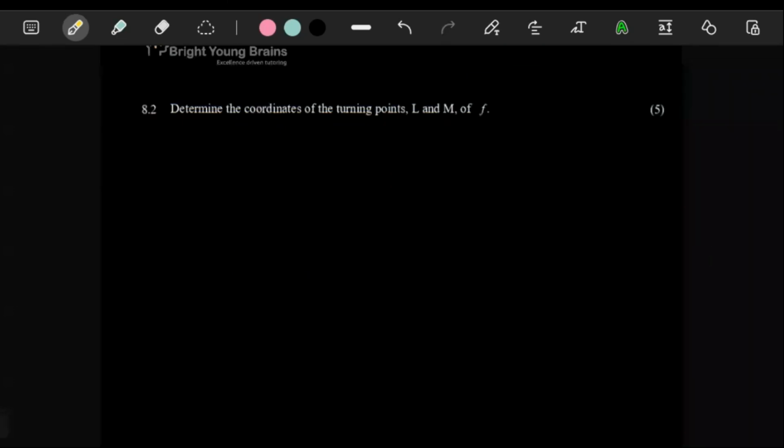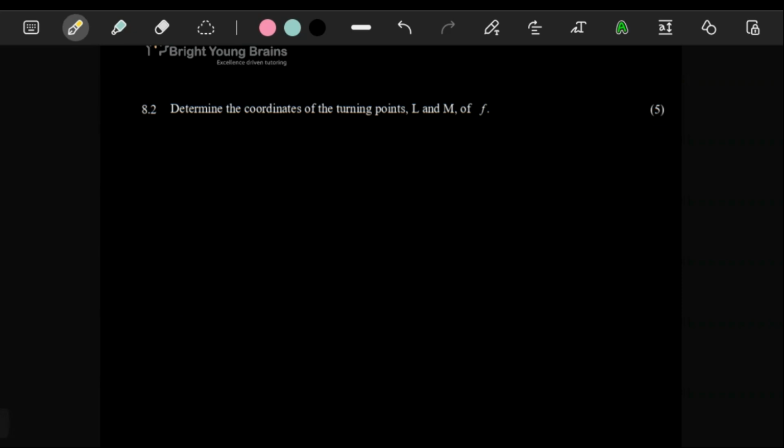So 8.2 says we should determine the coordinates of the turning points, which are L and M of f, right?